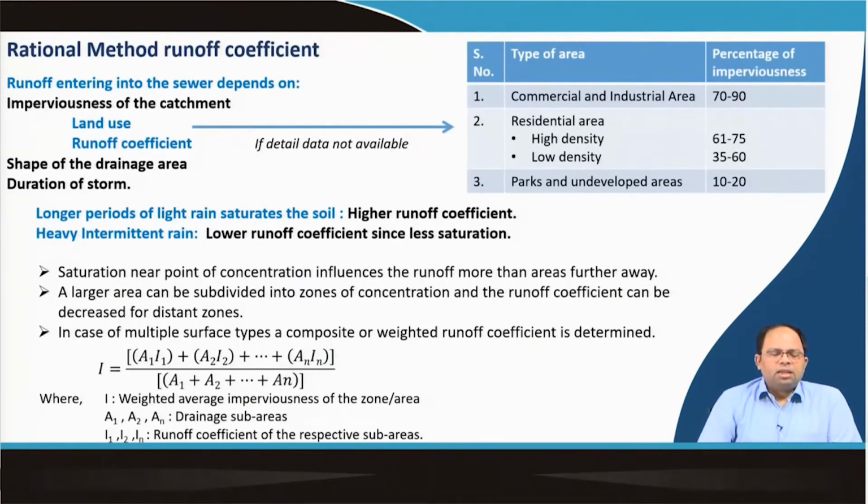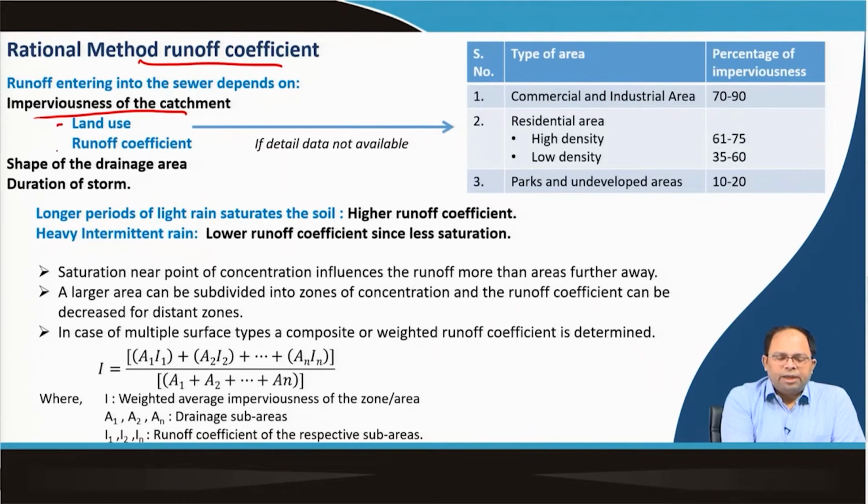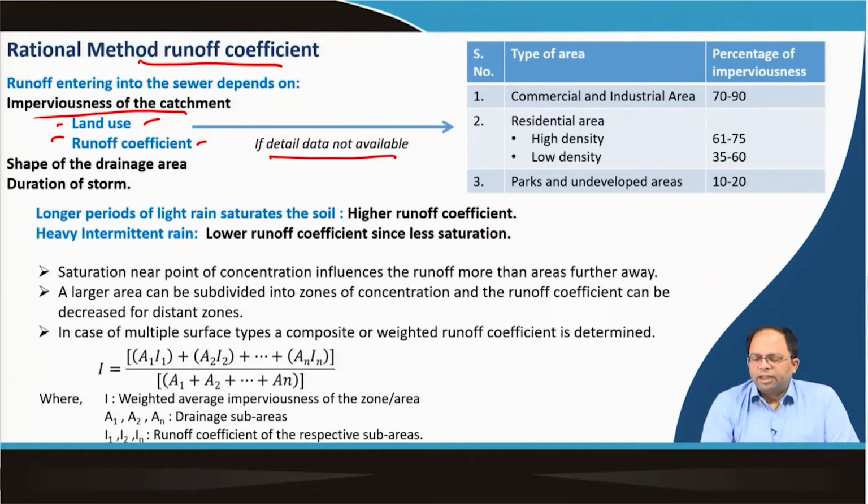Now, the rational method runoff coefficient. In this method the runoff entering the sewer depends on the imperviousness of the catchment, which includes both the land use and the runoff coefficient for that particular catchment. If detailed data is not available on the land use or the runoff coefficients, then we can assume that for a commercial and industrial area, we can take around 70 to 90% imperviousness.